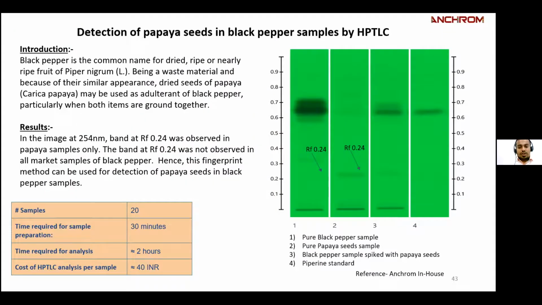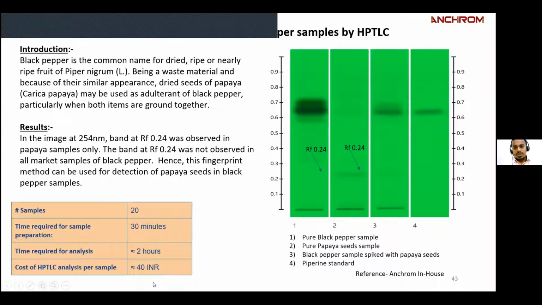Now, a further application of HPTLC: you can go for the detection of papaya seeds in black pepper samples. Nowadays black pepper is adulterated with dried papaya seeds. We have developed a method for detecting this. Here you can see on track number 2 there is a particular band present at 0.24 RF.